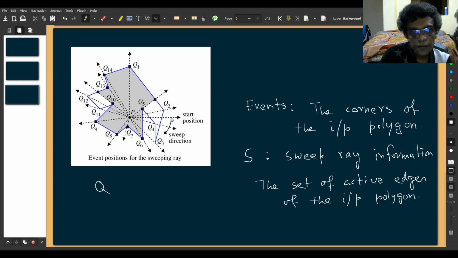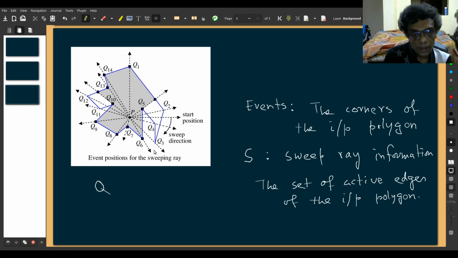So the first event turns out to be the event Q4. Second event will be Q3, Q6, Q7, Q8, Q9. So this way the events are ordered with respect to their angle extended between this horizontal position and this PQ line.